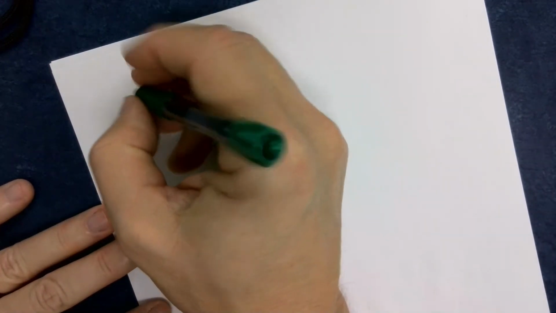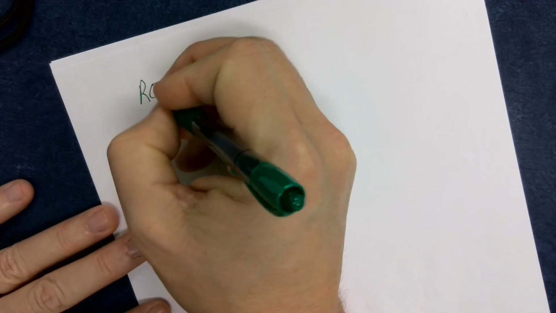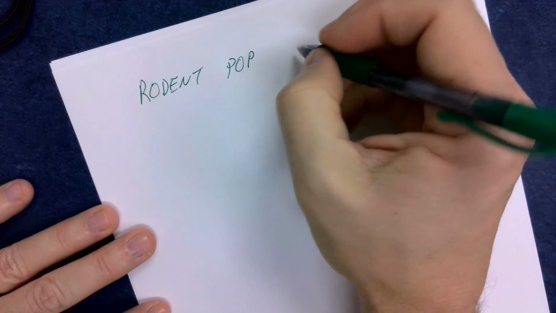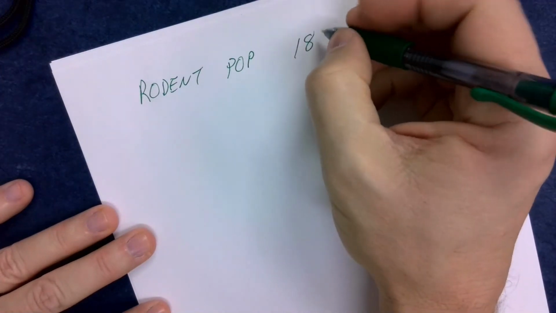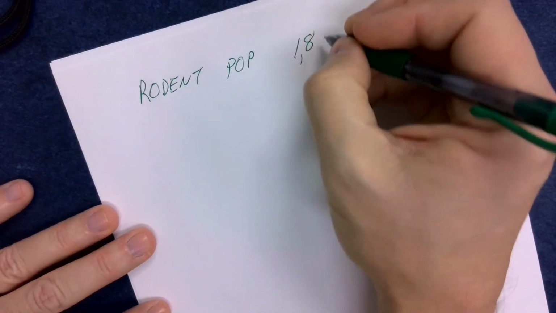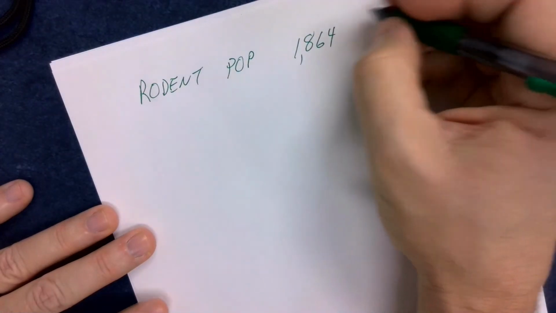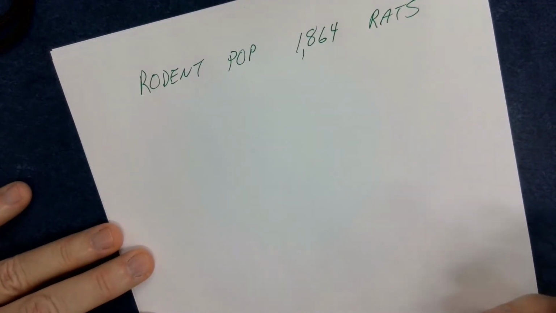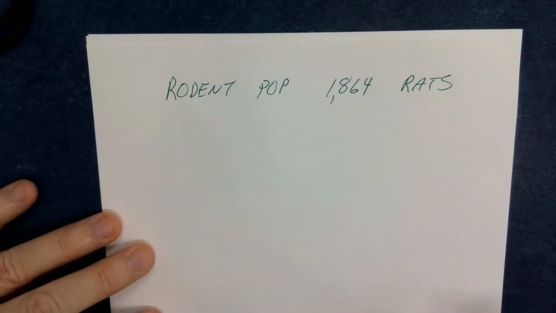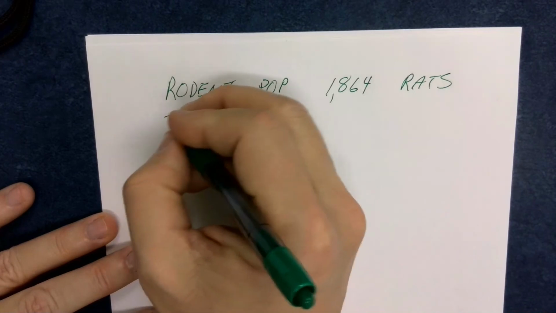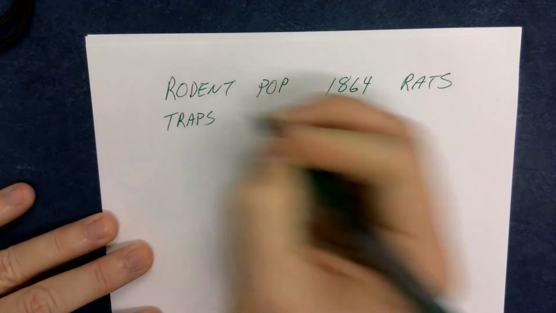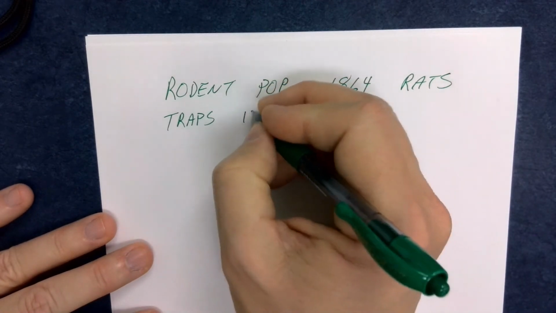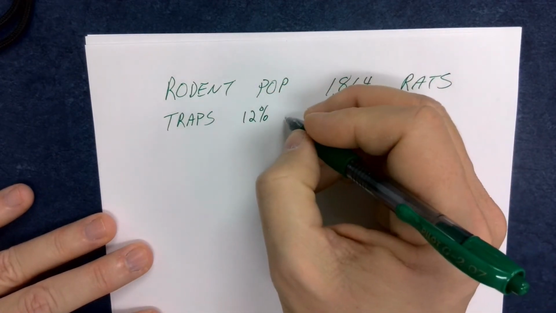Let's say that I had a rodent population. Unfortunately, they're bad. 1,864 of these rats. And we're trying to eliminate them. We're trying to get rid of them. And we put traps down. And we feel like the traps are going to knock off about 12% a month.